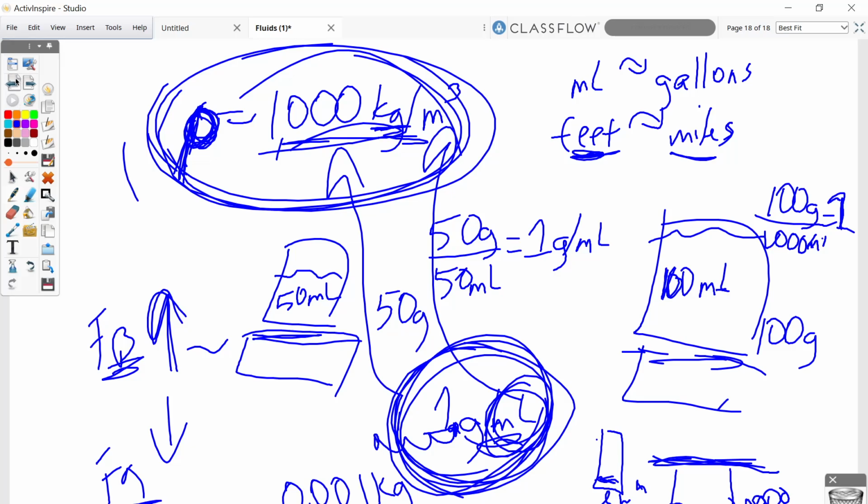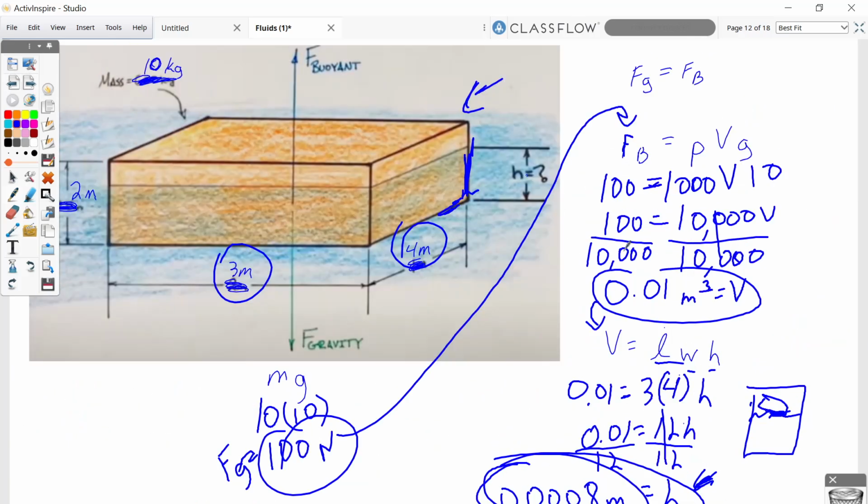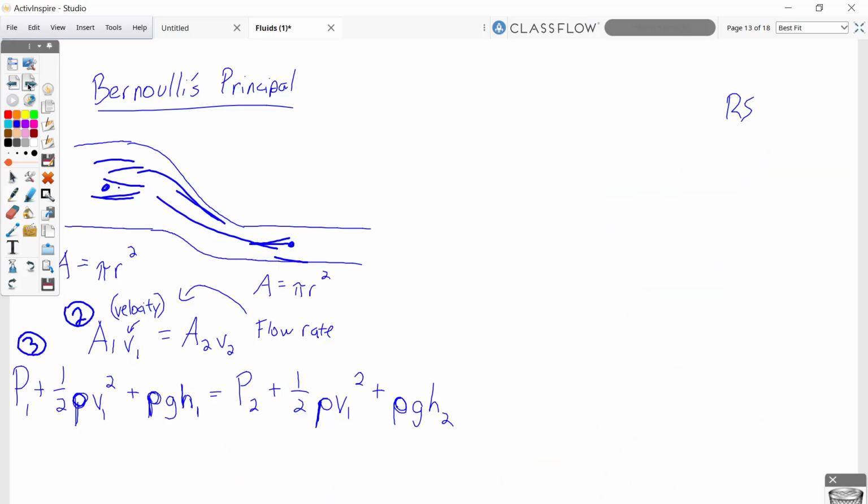If it floats and we want to figure out how much of it is floating, then we use this formula, this and this, okay? We plug in our numbers, and in order to determine the velocity and the flow rate and the pressure and all that, we use these 3 steps, okay? And that is just a quick rundown of all the stuff that we need to know for fluids.